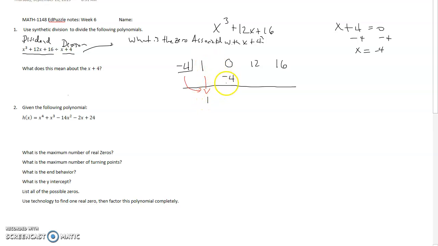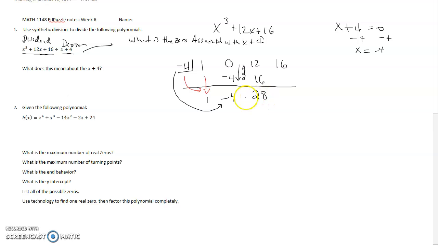So we multiplied -4 times 1, which gave us -4, and now we're going to add. What is 0 plus -4? It is -4. Now I'm going to multiply -4 times -4. -4 times -4 is positive 16. Positive 16 plus 12 is 28.